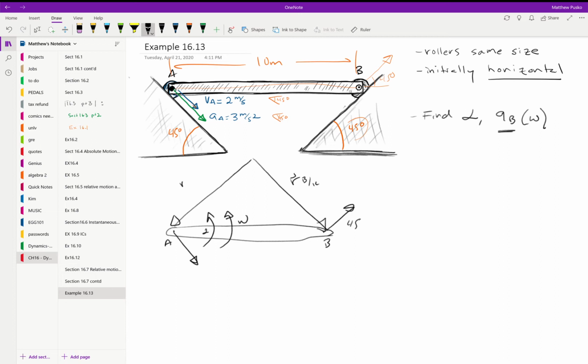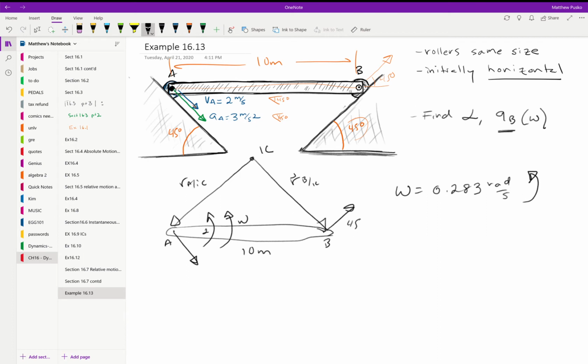This would be your position vector 2a from your instantaneous center, where this is the instantaneous center. Now from that, and knowing this is 10 meters, doing some geometry, you can find out what omega is, and omega ends up being 0.283 radians per second, and it's going to be going this way, positive k direction.